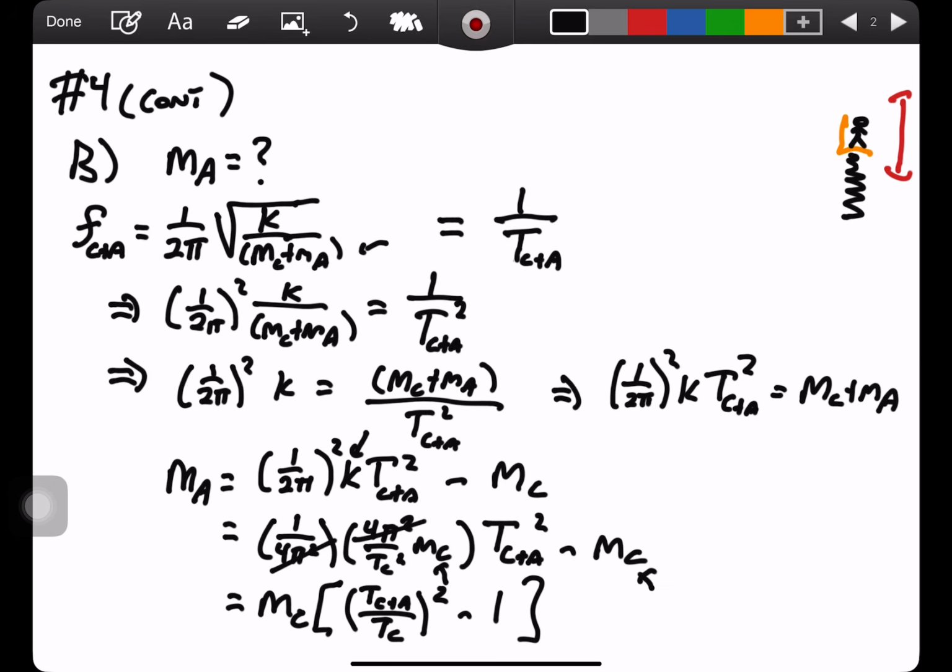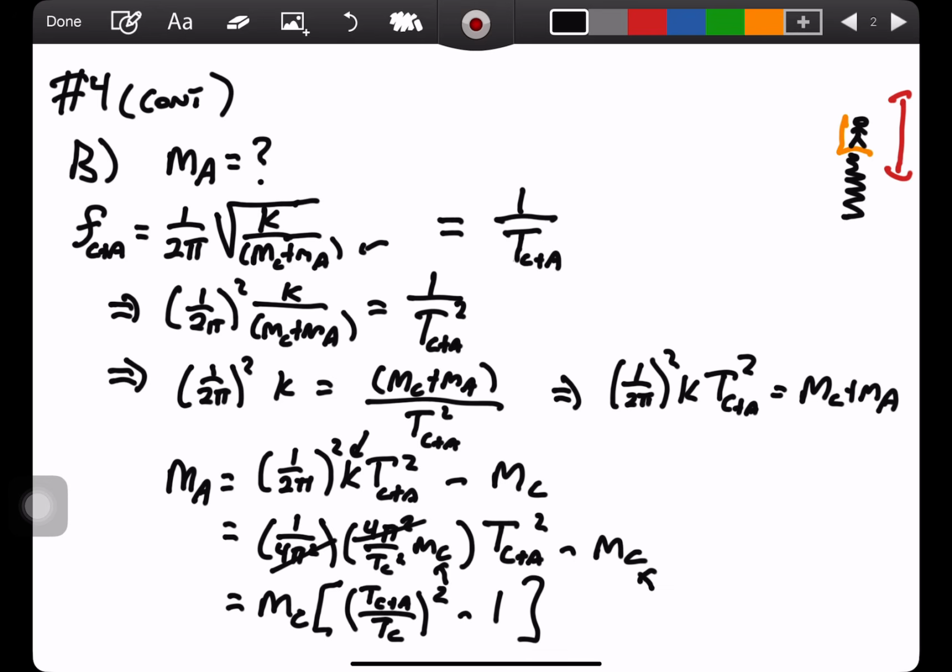I hope you can see how I move to this next step by taking the mass of the chair. Since it appears in two different terms, I can factor it out, and if you were to multiply it through, you would have it in both of the terms that you see in those brackets.